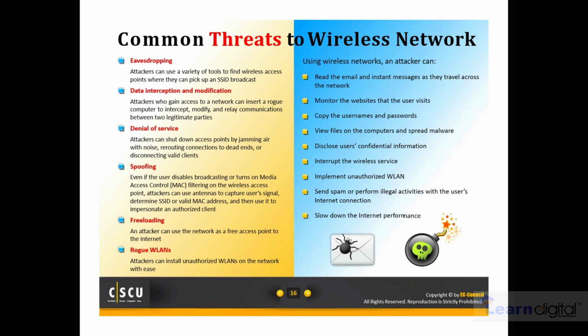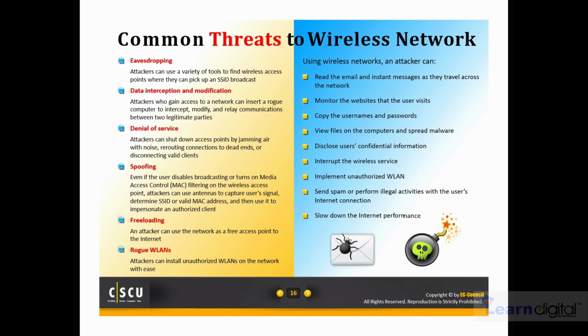But if someone is between you and me, and I'm sending you a message hi, then the attacker can change the message to something like bye, and you will get the message bye. So that is known as data interception and modification, or you can also say the man in the middle attack.